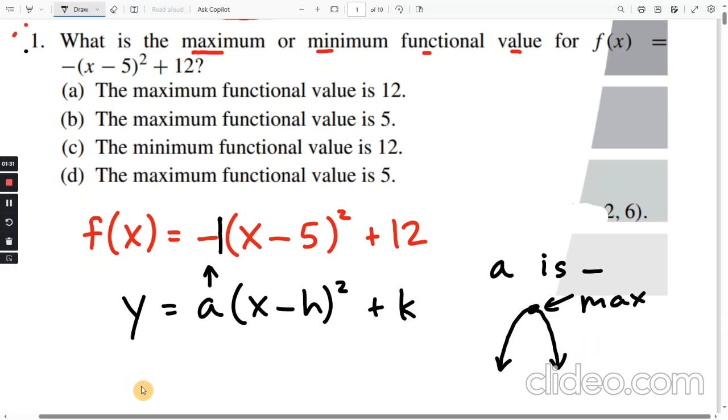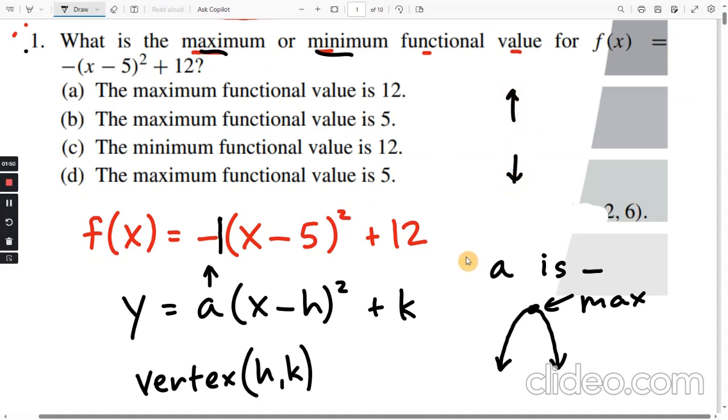All right, and we know that the coordinates for the vertex are h comma k. Now we're looking for the maximum or minimum. That's basically how high or low the point is, the actual value. So that's going to be the y coordinate.